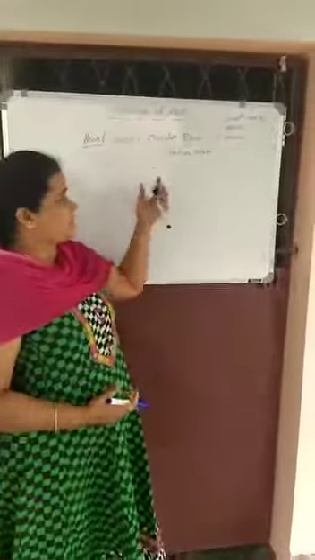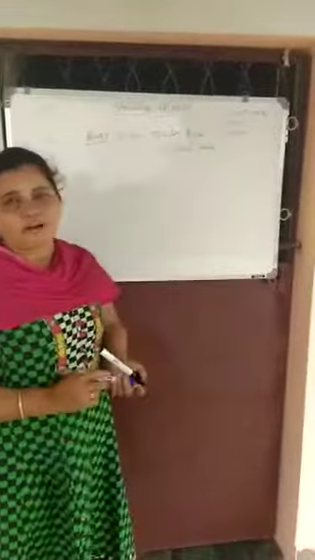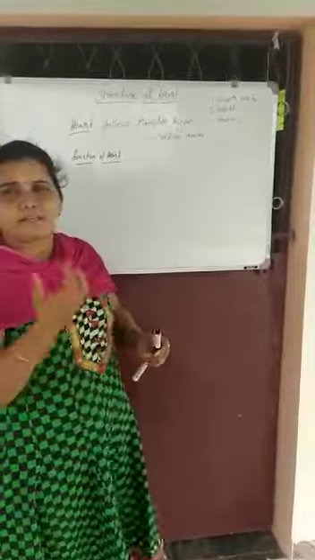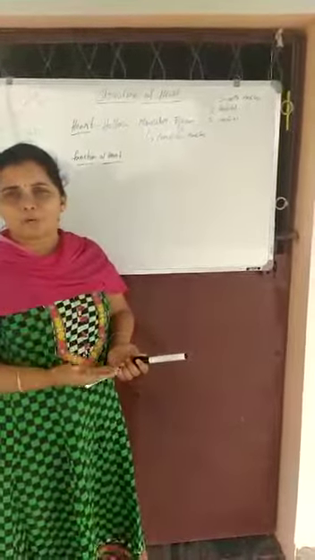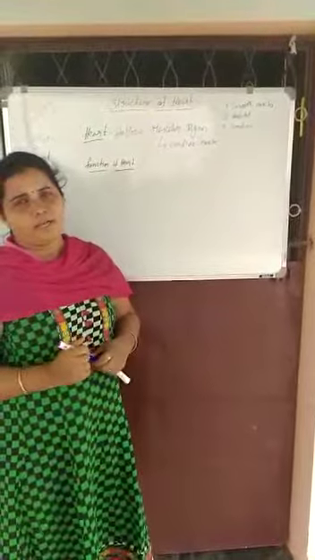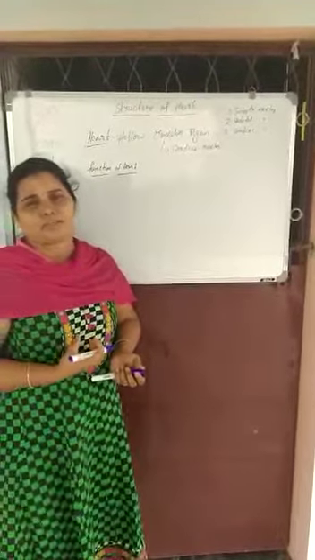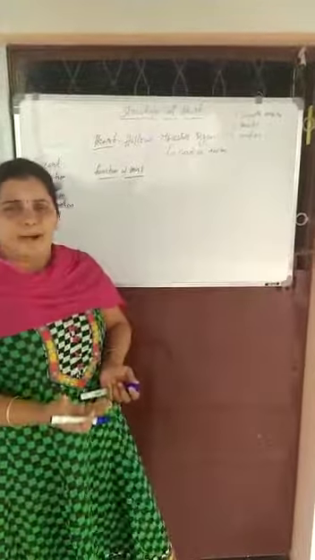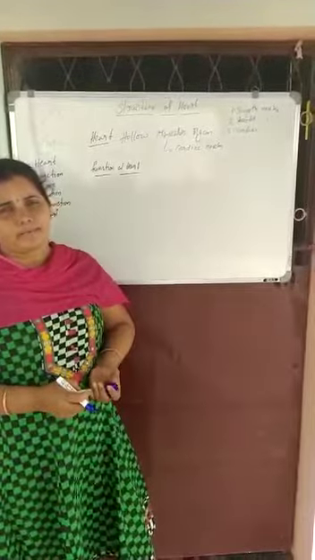Next we can see the function of the heart. What is the main function of the heart? The main function of the heart is to collect the deoxygenated blood and pump out the oxygenated blood. How does it do this?